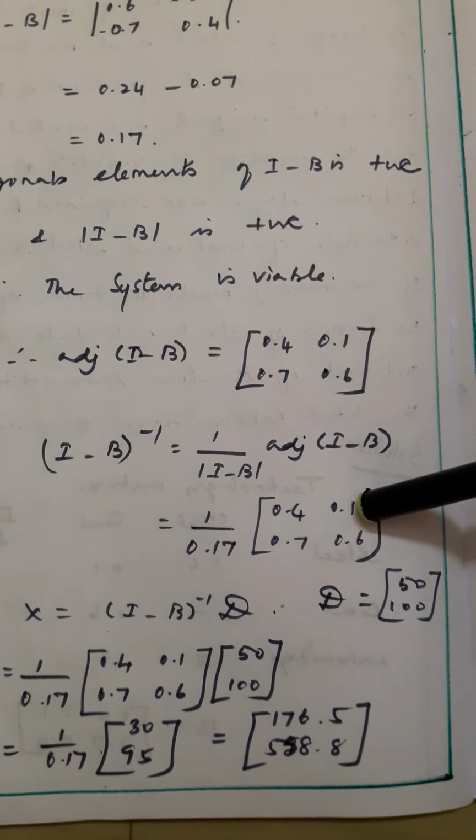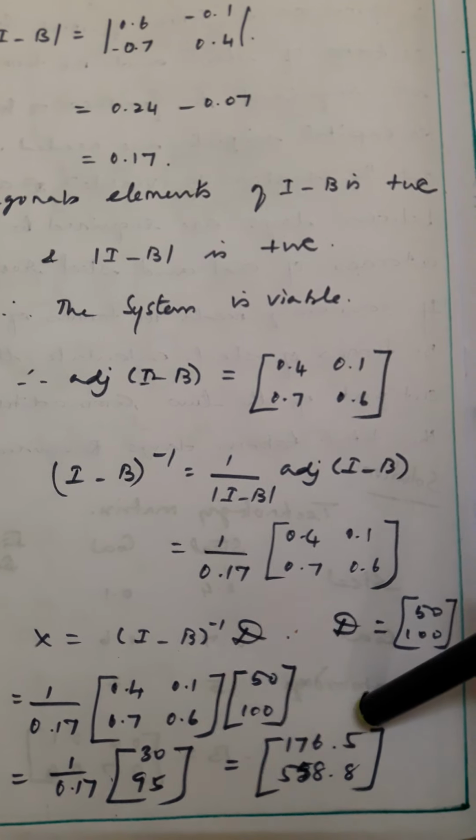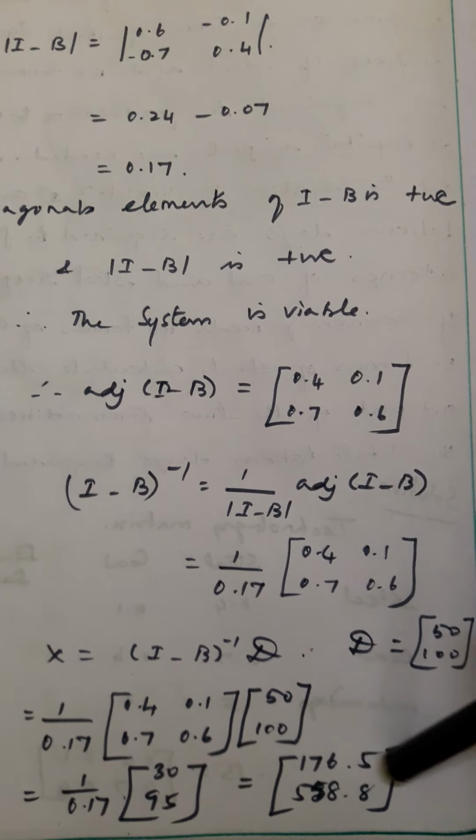So I found I minus B inverse. Your final output formula is X equals I minus B inverse into demand. Demand is given as 50 ton and 100 ton. So the product is 176.5 and 558.8.